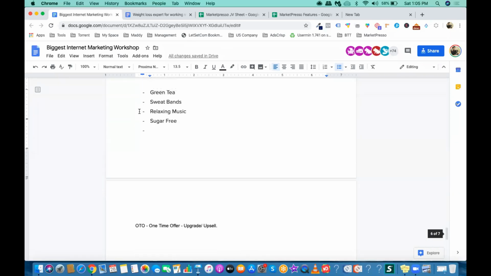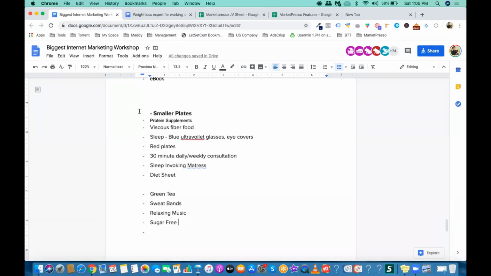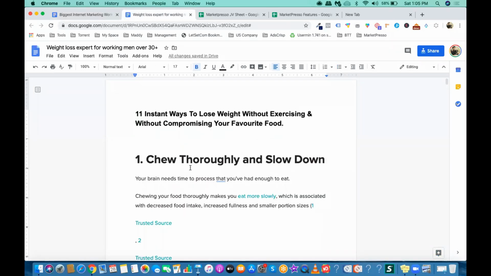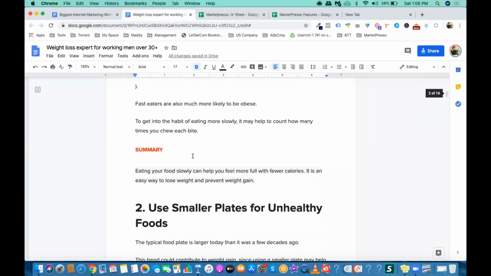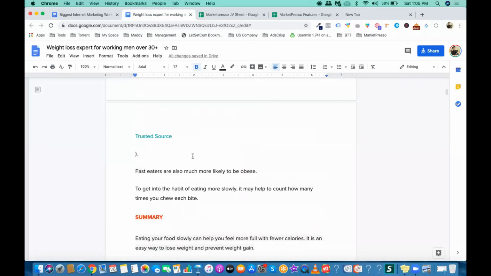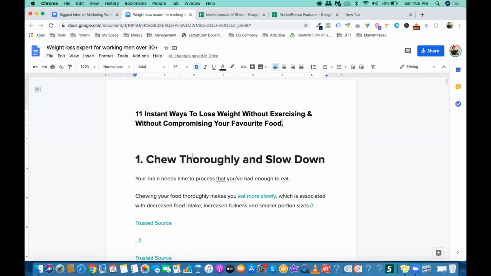See, understand this one more time. I have given them 11 pointers as my basic product. So my upgrades are going to be the things which are going to be the upper level of these 11 things.